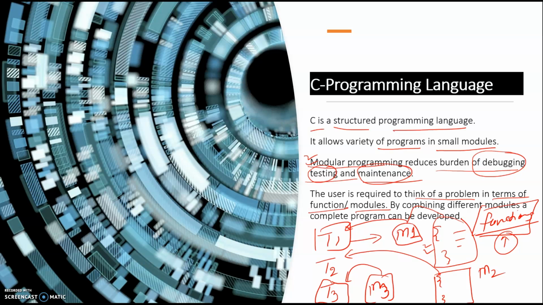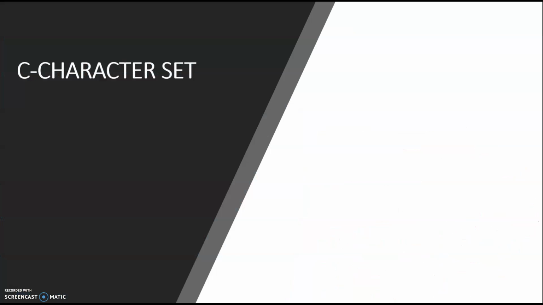Now I will discuss the character set present in the C programming language. So what is the character set? A character set is nothing but the different elements you can use in writing your C program.